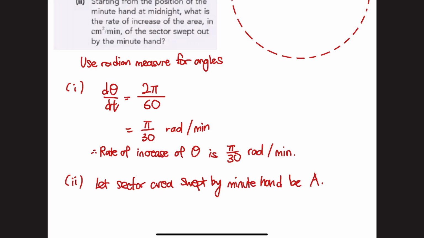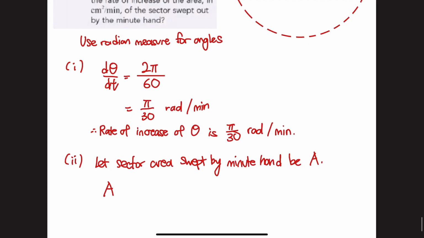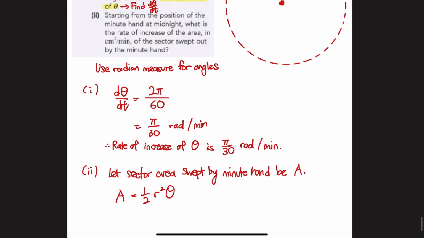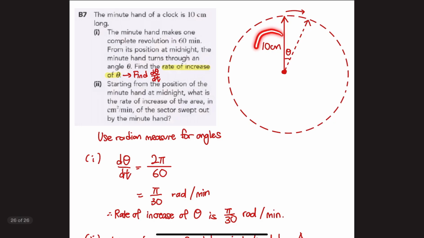So that is clear. We know that based on the formula you learned in E-math, the formula for sector area is equal to half r squared theta. If I use radian measure, the formula is much easier to use to find sector area. And I know that the radius over here is 10 cm.